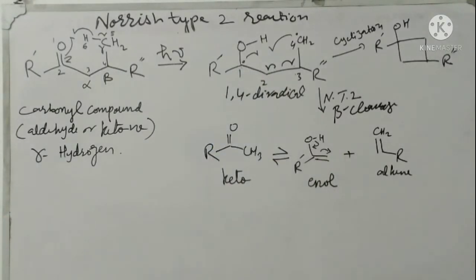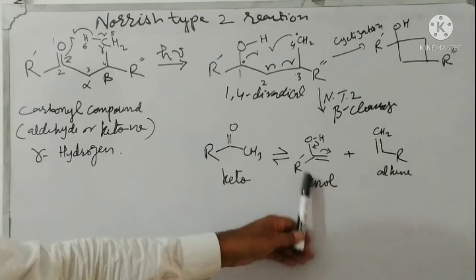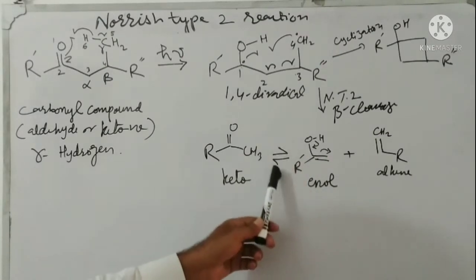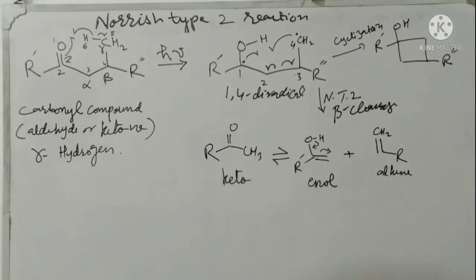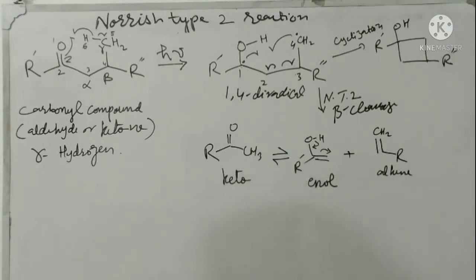So we get these two products through beta cleavage, and then this enol form undergoes tautomerization. For the tautomerization we use this reversible arrow. So we form this keto group. So we get keto and alkene.